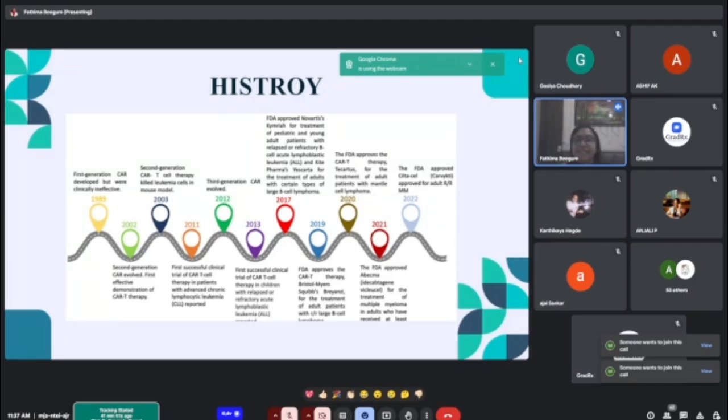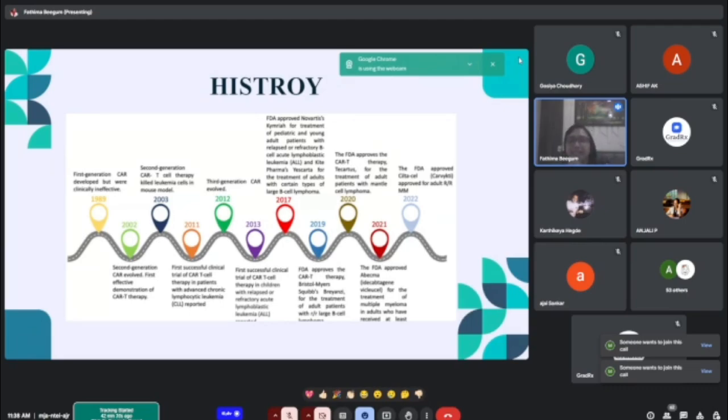Then the first successful clinical trial in 2013, for acute lymphoblastic leukemia. In 2017, Novartis's FDA approved CAR was for the treatment of pediatric as well as young patients, mainly for relapsed or refractory B-cell lymphoma and also ALL.